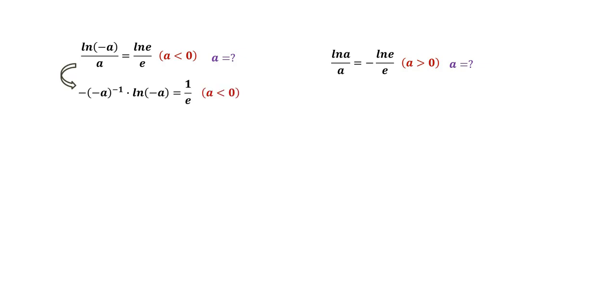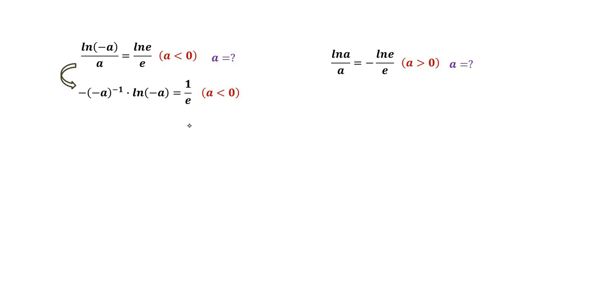This equation can go to, so here 1 over a can be a to the power of negative 1, and we put a negative sign in the brackets, and outside the bracket this will not change things. So this is 1 over a, and we keep ln negative a, and it is equal to 1 over e.